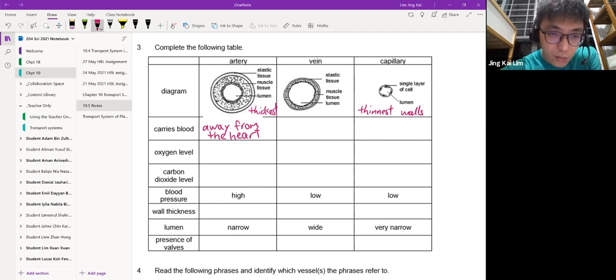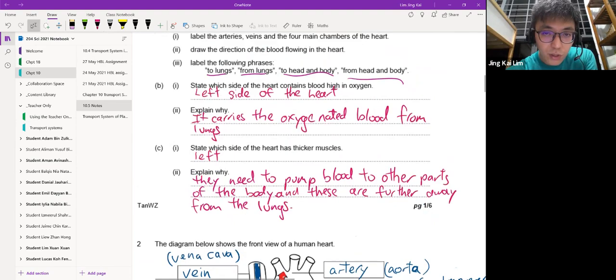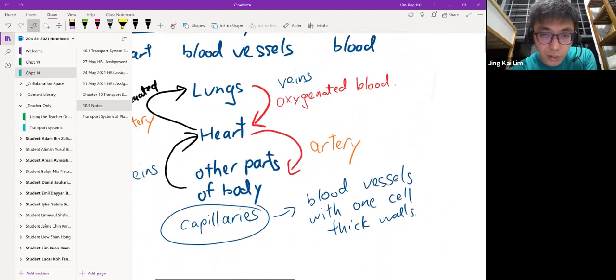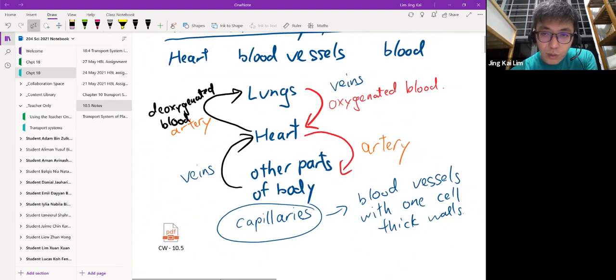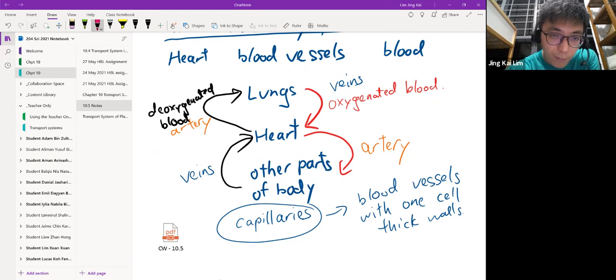Okay, in terms of oxygen level, even though at the start of the video you will notice that I wrote this, where veins do carry oxygenated blood, artery here carries oxygenated blood, but this particular artery actually carries the deoxygenated blood.